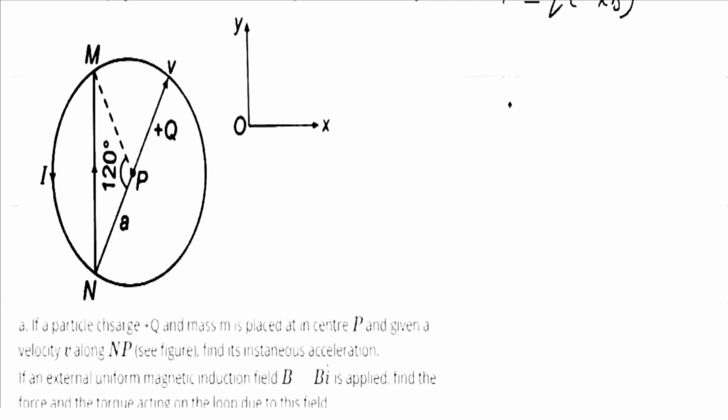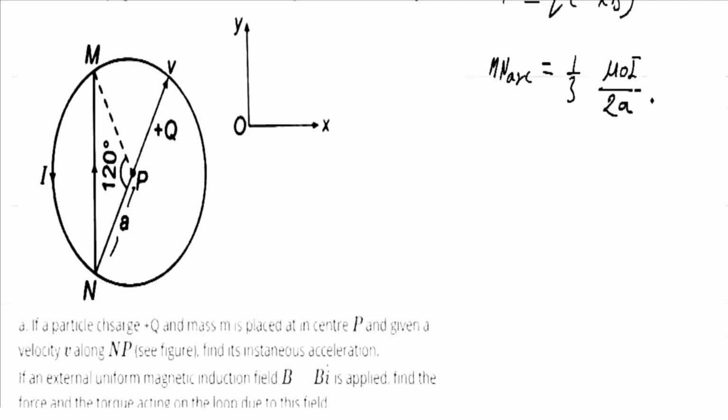Now here we find the magnetic field due to this loop at point P. The MN arc subtends 120 degrees, so the magnetic field of this arc is one third of mu naught I upon 2a, where the radius is given as a.